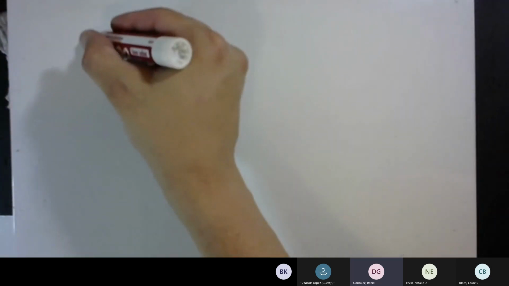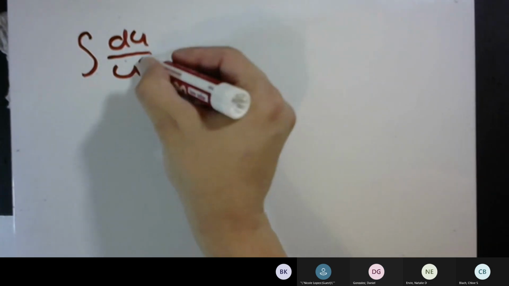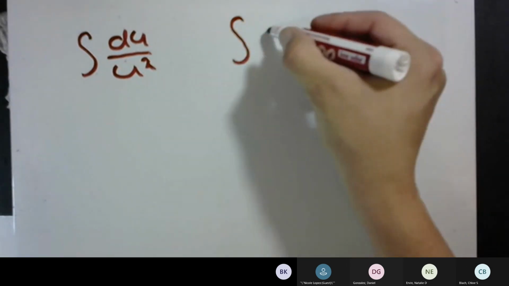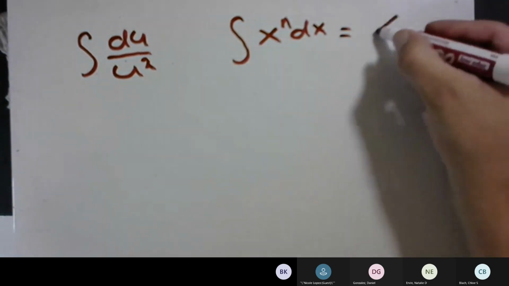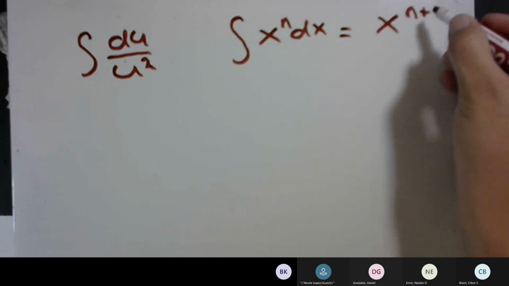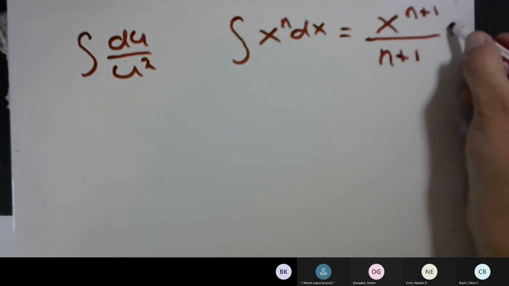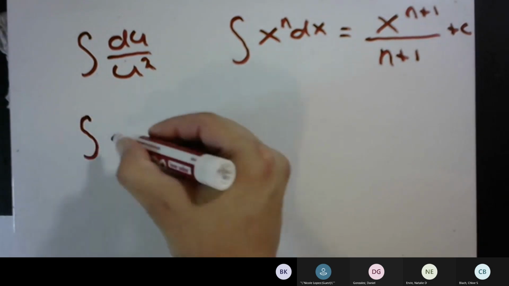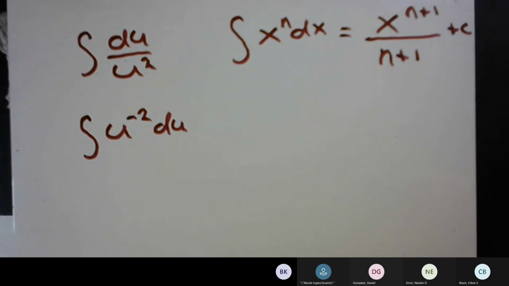So what it is, we had an integral of du over u squared. Whenever you integrate a variable, say x to the n dx, your answer is x to the n plus 1 over n plus 1. Now in this case, what we're actually integrating is u to the -2 du.